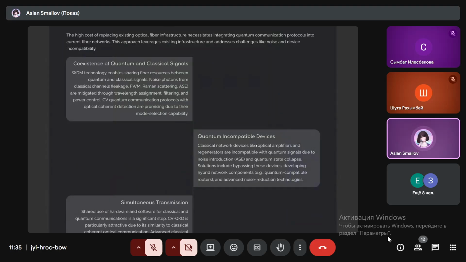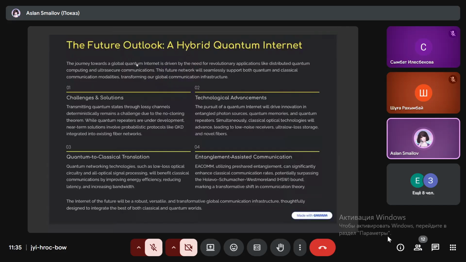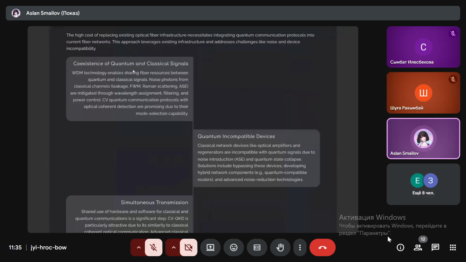Okay, let's move on. I guess this one slide: the high cost of replacing existing optical fiber infrastructure necessitates integrating quantum communication protocols into current fiber networks.